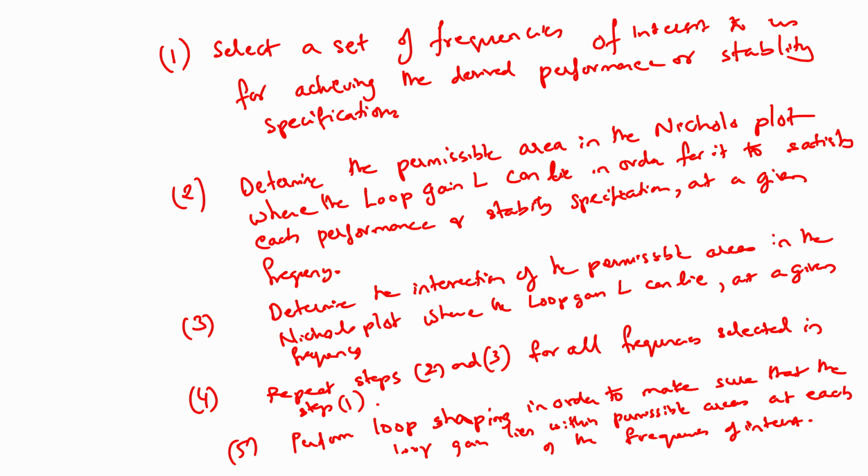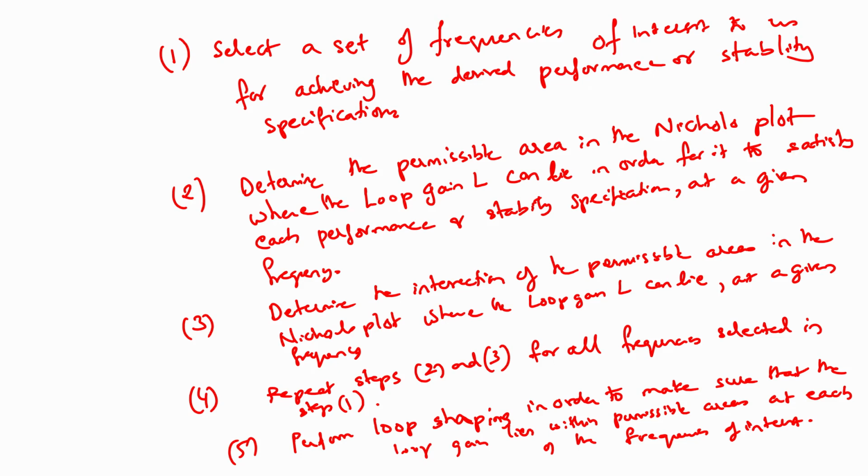And the third step is to determine the intersection of all these permissible areas, and that would represent the area in the Nichols plot where the loop gain can lie, which guarantees that it will simultaneously satisfy all the performance or stability specifications at a given frequency.